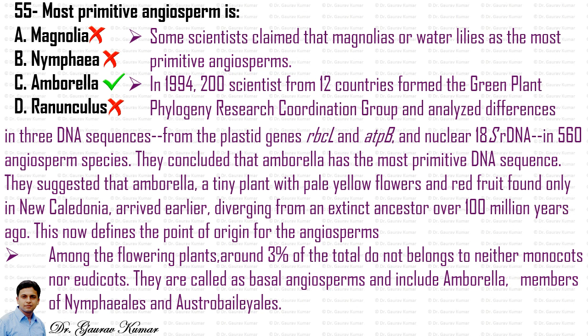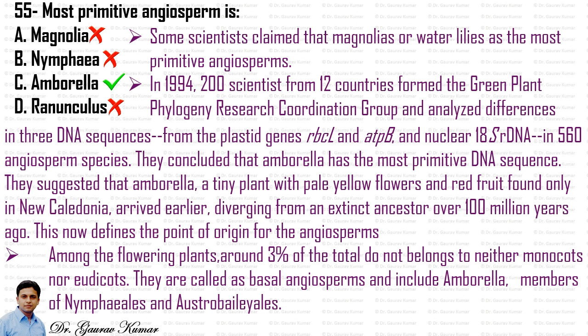In 1994, 200 scientists from 12 countries formed the Green Plant Phylogeny Research Coordination Group and analyzed the differences in 3 DNA sequences. Now here comes the molecular taxonomy. From the plastid genes rbcL, atpB and nuclear 18S rDNA in 560 angiosperm species, they concluded that Amborella has the most primitive DNA sequence.